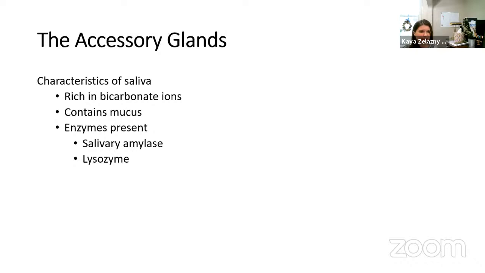And it has different enzymes present. So it has salivary amylase, which helps you break down carbohydrates. It has something called lysozyme, which has a function of breaking down bacteria. So this is again trying to protect you from any pathogens that might be on your food that you might be accidentally eating.